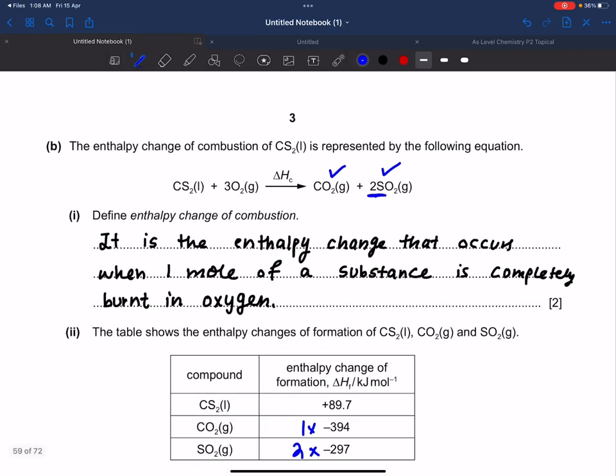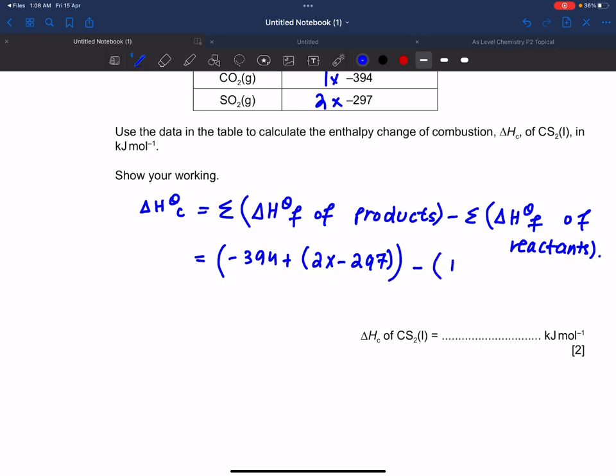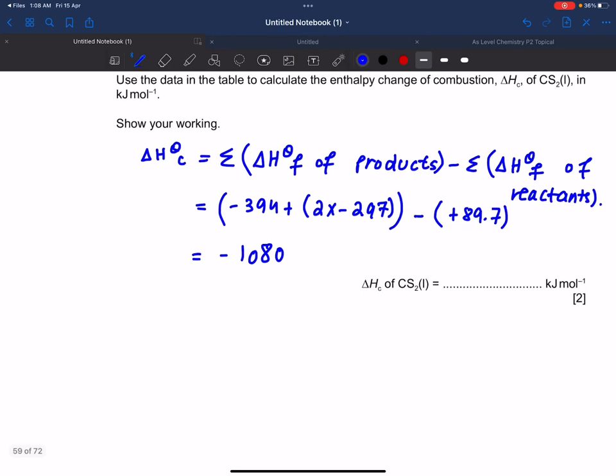O2 is 0, as I told you. CS2 is plus 89.7. So you're just going to calculate this, and your answer will come out to be minus 1080, to the nearest 10 kilojoule per mole. No need to write the units even. Units are given for you, so our answer is 1080.